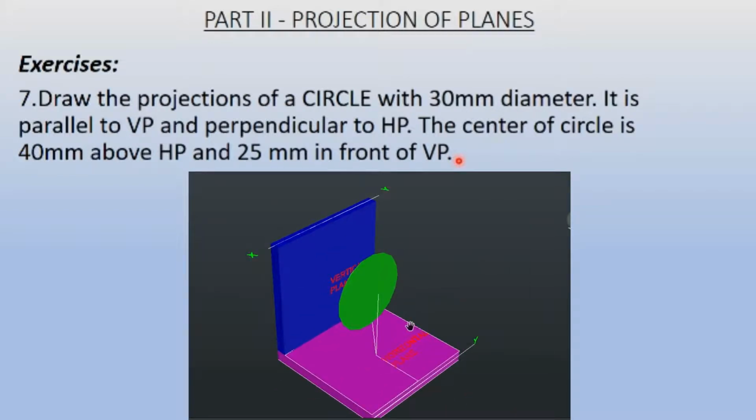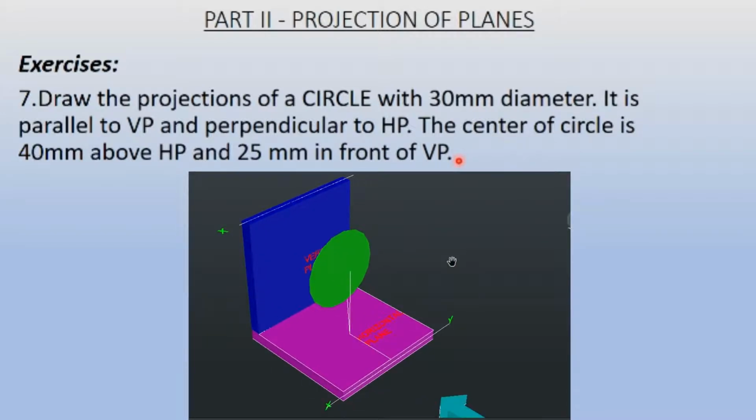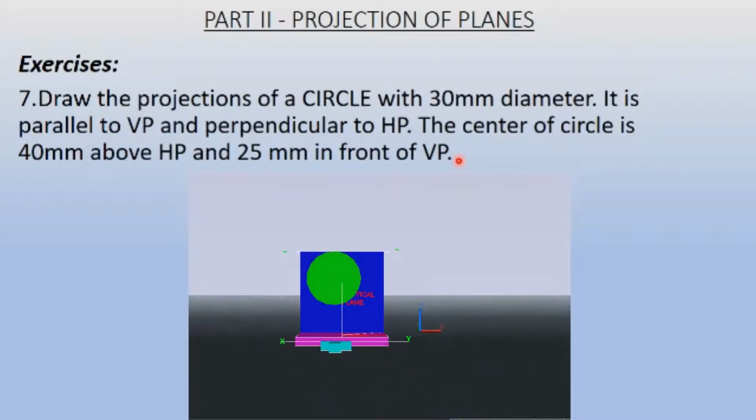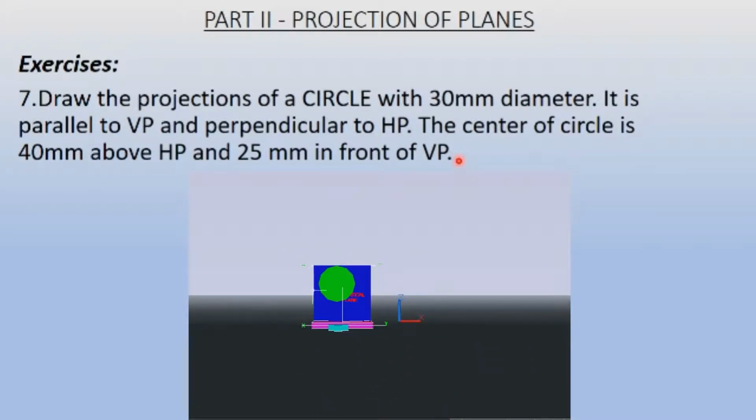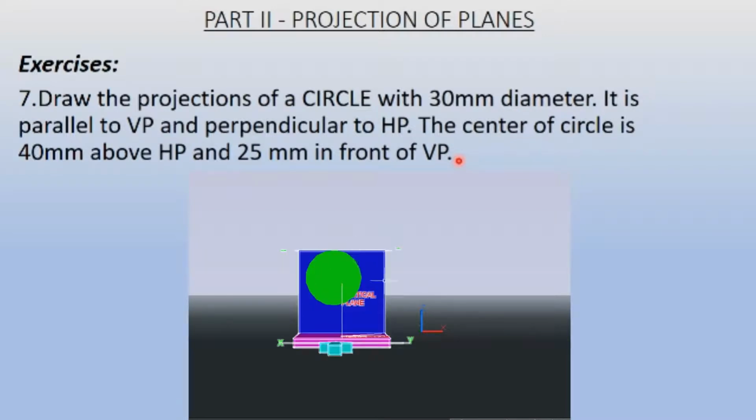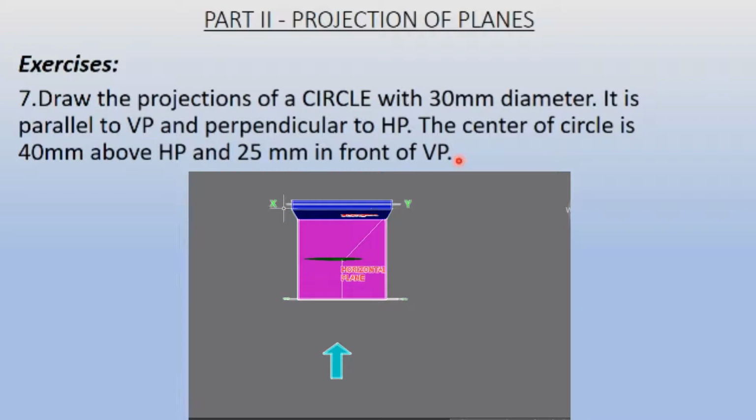Now I have placed the circle according to the question. According to the question means it was mentioned that it is parallel to the vertical plane. So see here, the circle will appear as a circle itself when viewing from the front because it is directly parallel to the vertical plane. This can be observed in the top view also. You see that this XY line will be parallel to this circular line. That means when we are viewing from the top, there will be only one line.